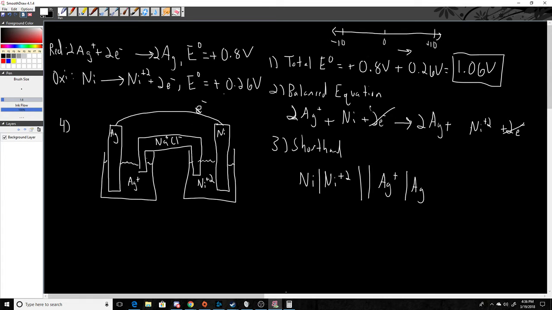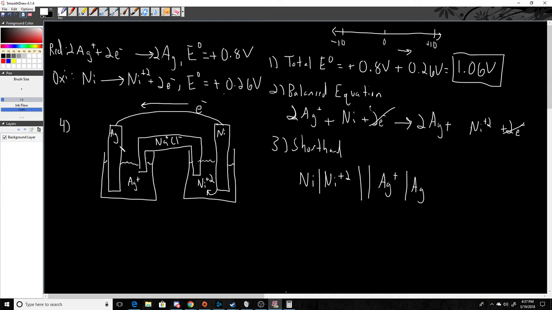So my electrons in the wire, they're going away from the nickel because the nickel's becoming the positive 2 ion. That also means the nickel in this metal strip here is becoming the nickel ion. Essentially, the neutral metal strip is becoming positive ion in the solution.